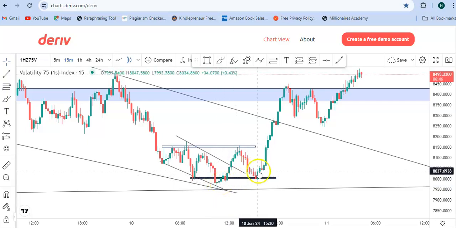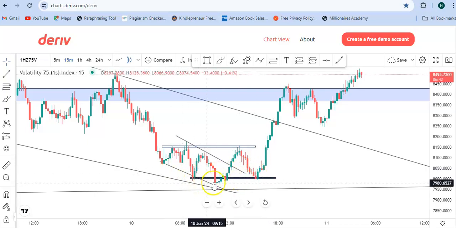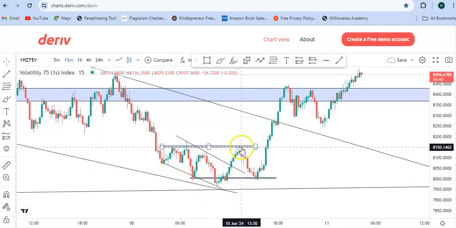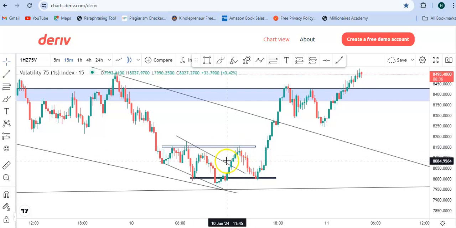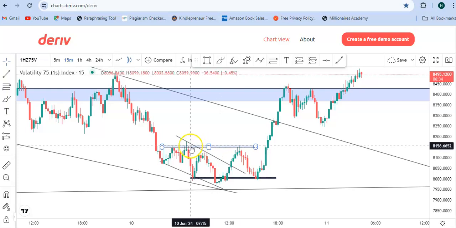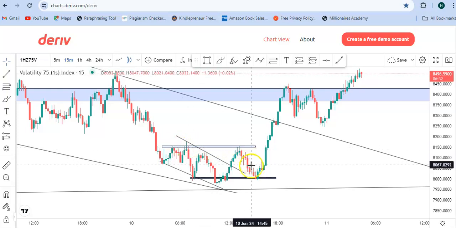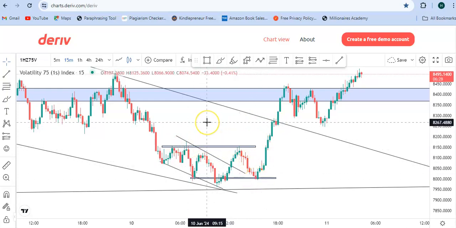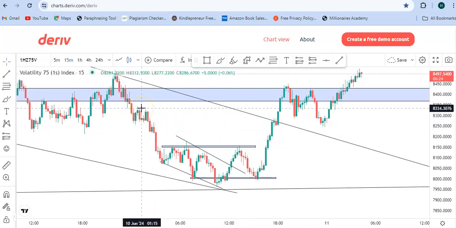You understand? So since the market actually bounced from these two support zones, the first time it tried to go up, it hit this. So the next time it will most likely go above and be targeting the next resistance zone, the next high.